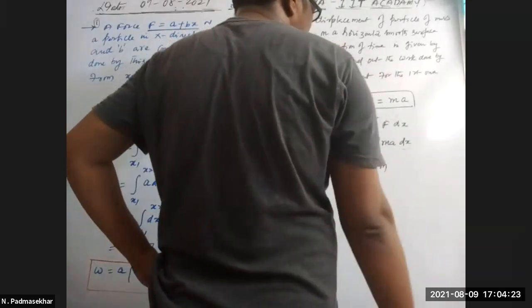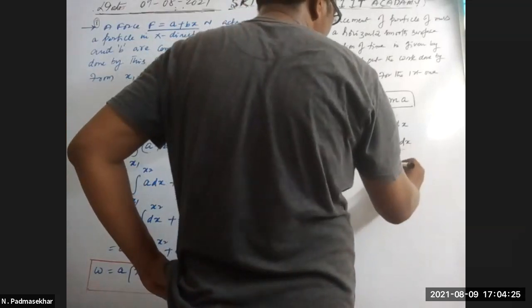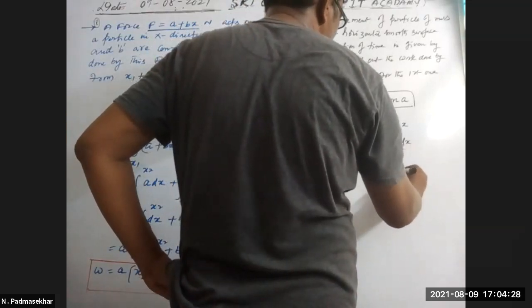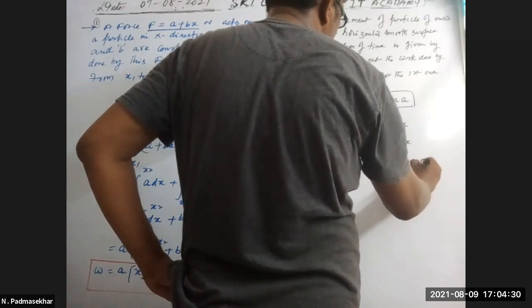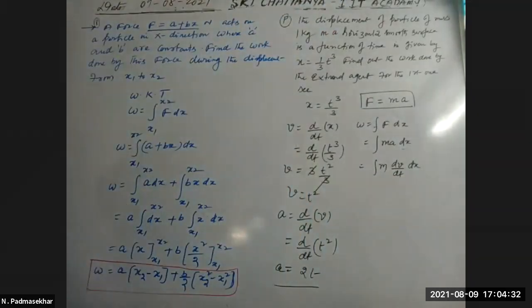So this is equal to m, and a is dv by dt, into dx. So a is equal to dv by dt into dx.